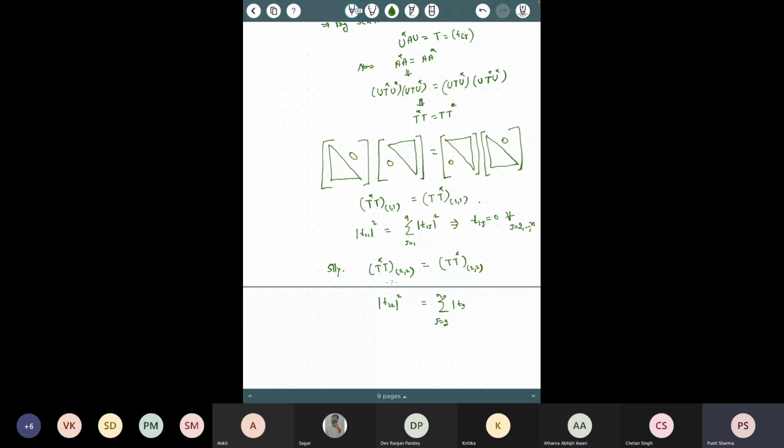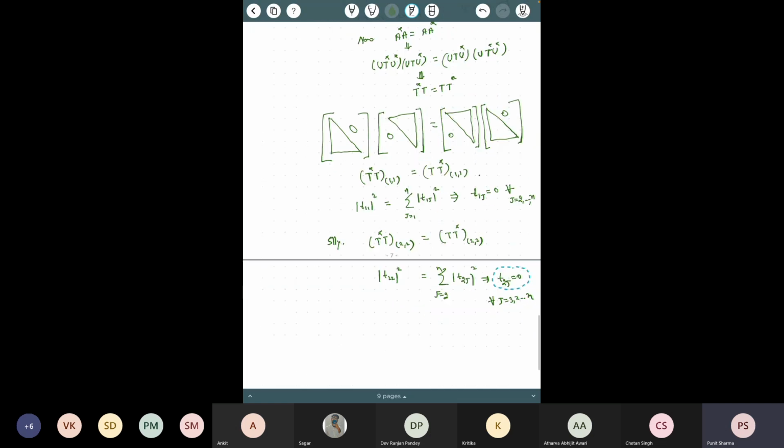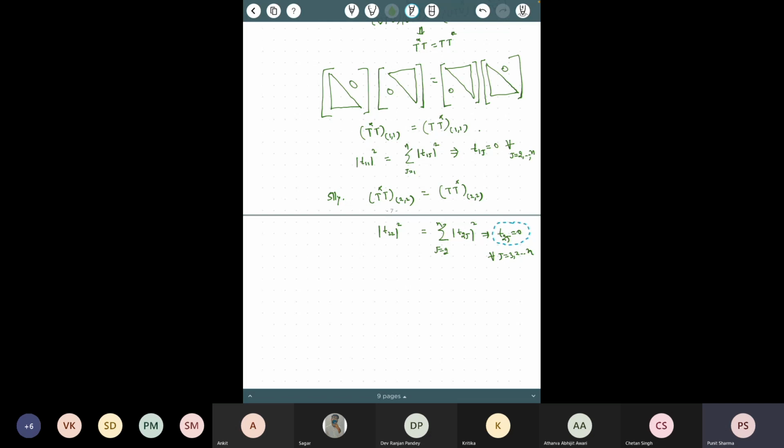But then again, this implies T2j equal to 0 for all j equal to 3 to n. That means all the entries in the first row of T are 0 except the diagonal entry. Similarly, all the entries in the second row of T are 0 except the diagonal entry T22.